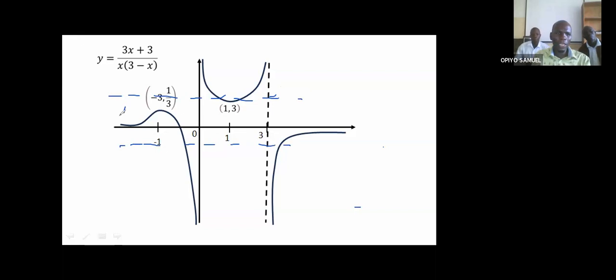Then you have to shade this because the curve will not reach this region. So that is when they have asked for that. They have not asked in this particular case because this curve is different. There are some curves that behave that way. So that is for the curve sketching. Those are the highlights I wanted to put forward.